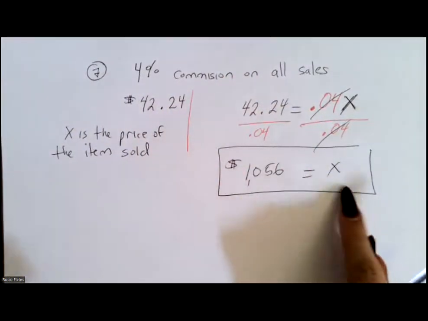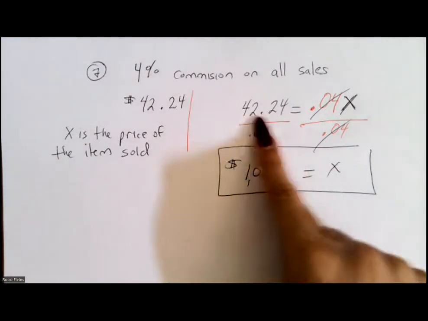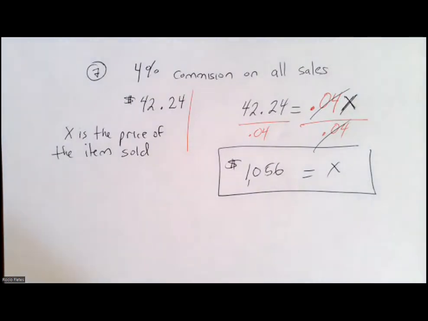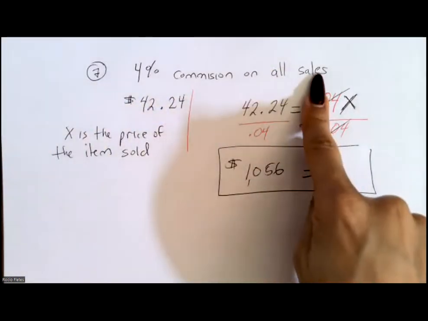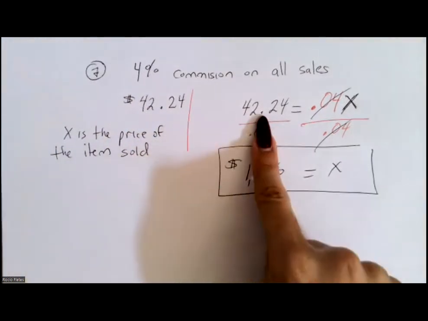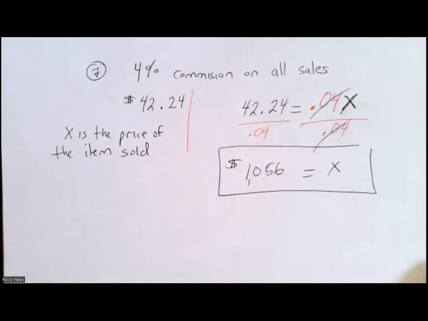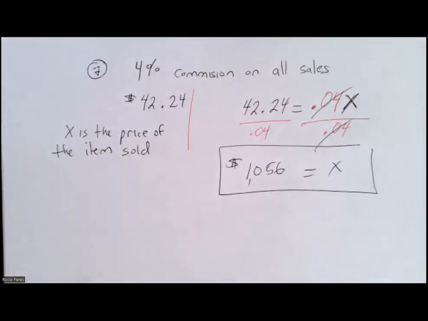So that's the price of the item that this person sold. Okay, so you needed to set up an equation here, right? We know that he earns 4% on all sales, 4% commission, and he earned $42.24, which is 4% of some total. So we just have to solve for the total. Okay, so that's question number 7.